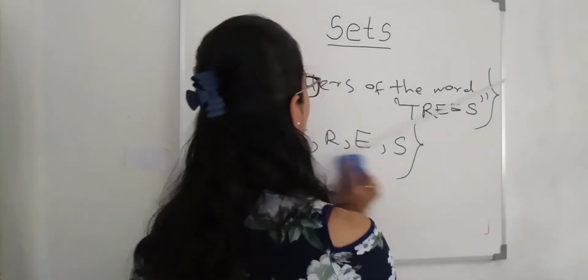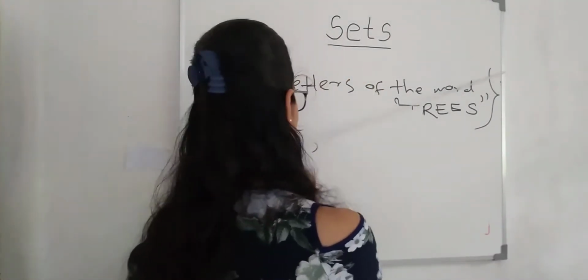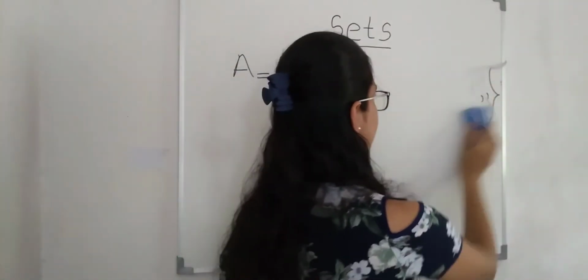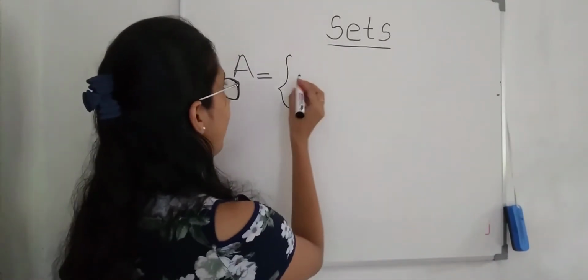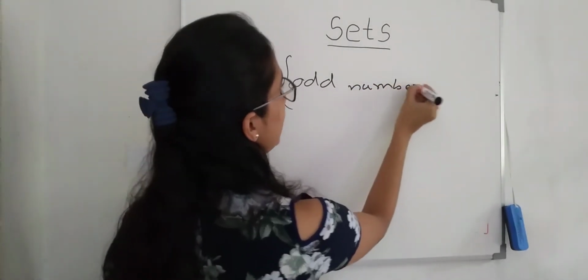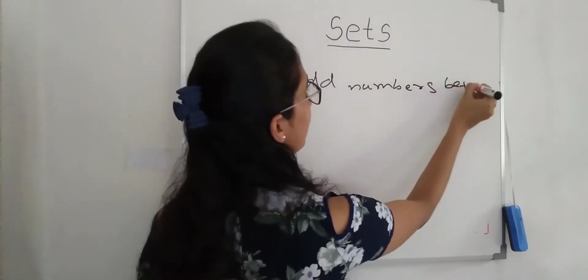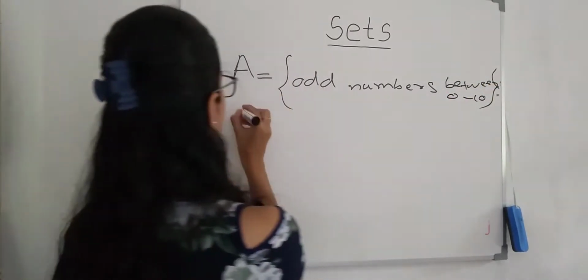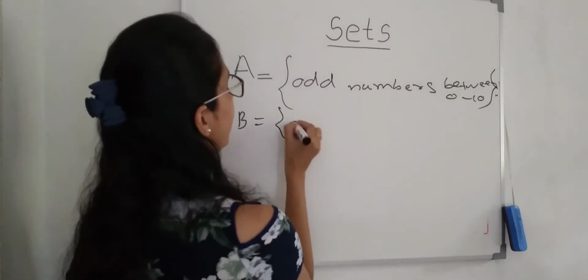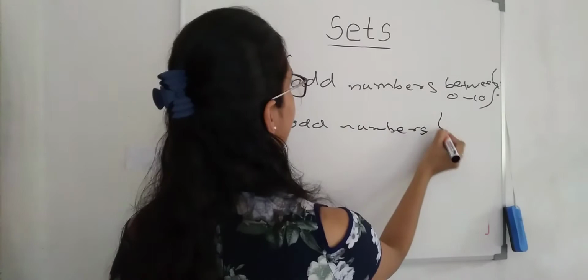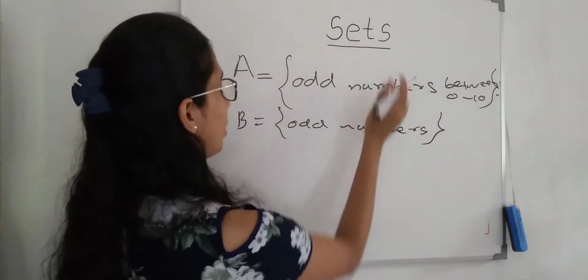Let's move. And I'll take an example to teach finite sets and infinite sets. Let's consider the set A shows odd numbers between 0 and 10, and the set B shows odd numbers, and let's write the elements of these both sets.